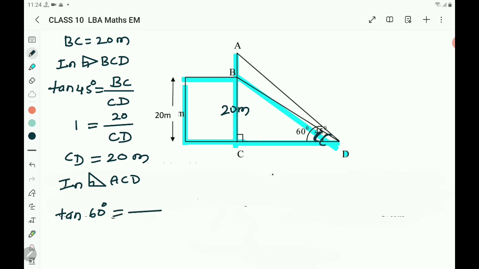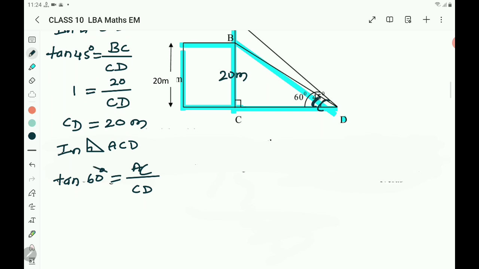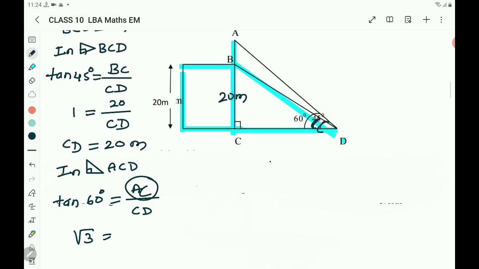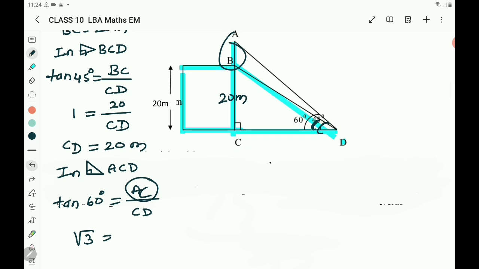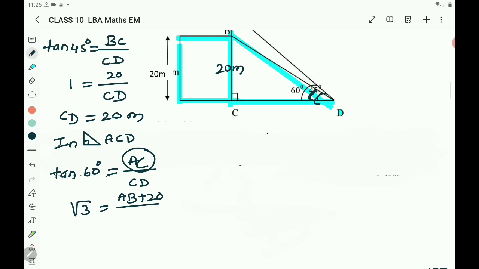AC. Opposite side AC by adjacent side CD. What is the value of tan 60 degree? Tan 60 is root 3 equals AC is AB plus BC. That is AB plus 20. CD is, we got here, that is 20.